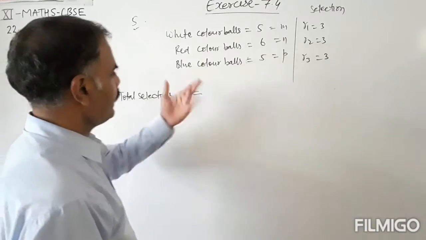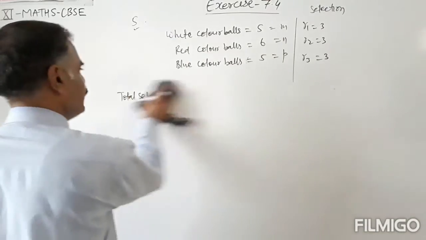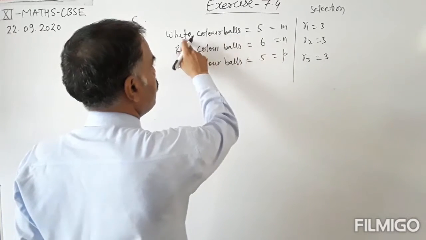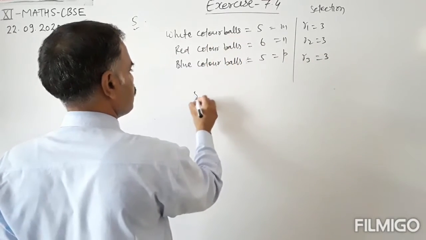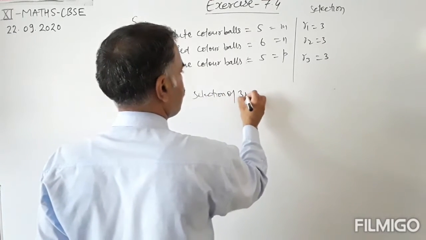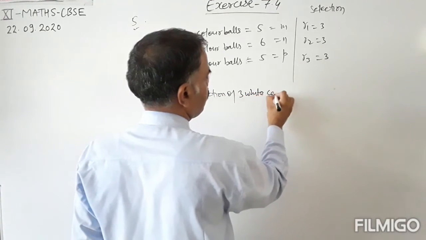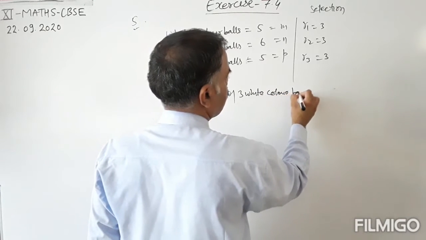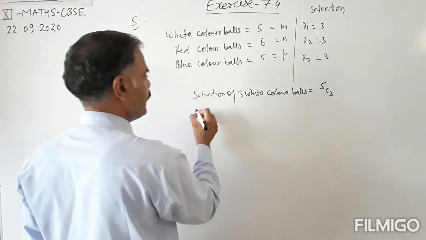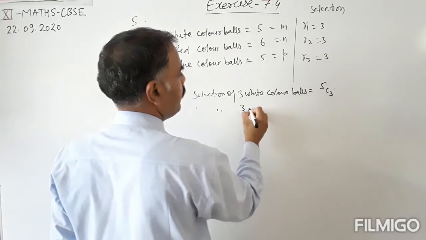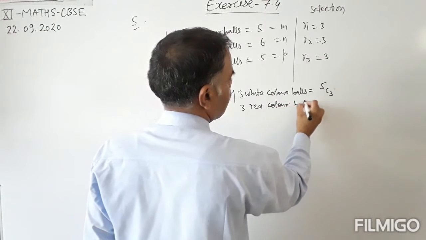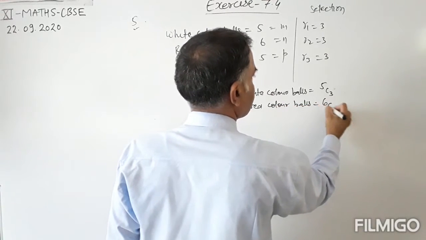This can also be written as selection of 3 white color balls, that is 5C3. Then selection of 3 red color balls, that is 6C3.